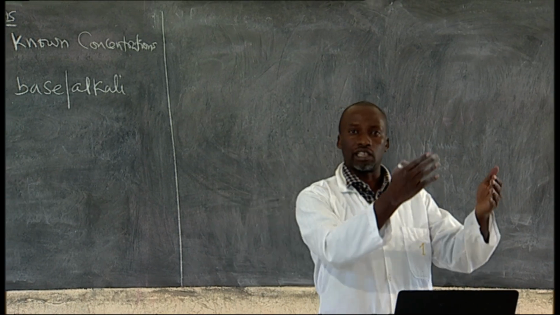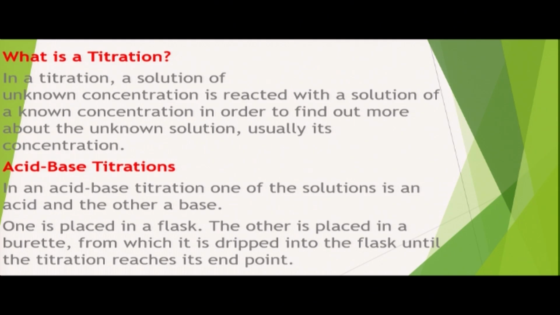There are some other substances where titration is needed. In this case, we'll only consider the acid and base. Others will come later as you go on in other classes above, where you'll meet other types of titration.